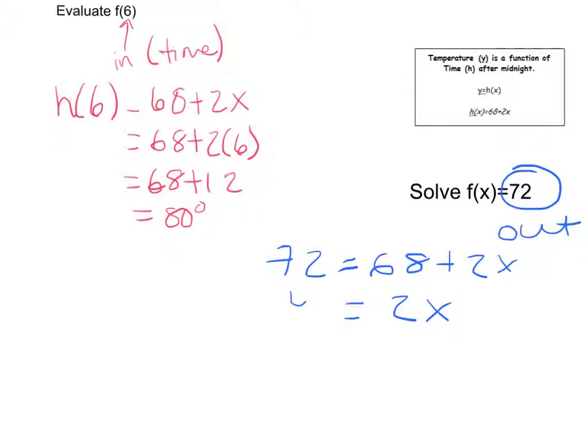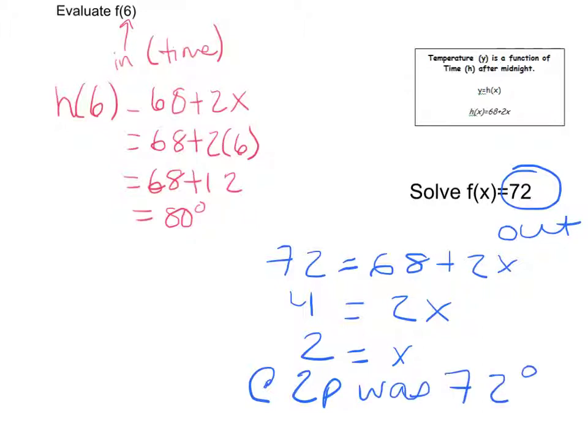And on this side we're left with 4. So we got x equals 2. And so that means at 2 p.m., the temperature was what we were given as 72 degrees.